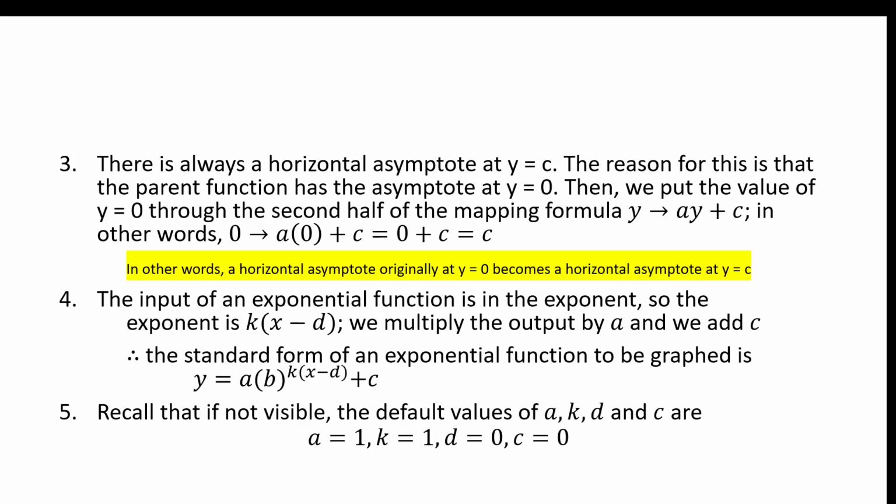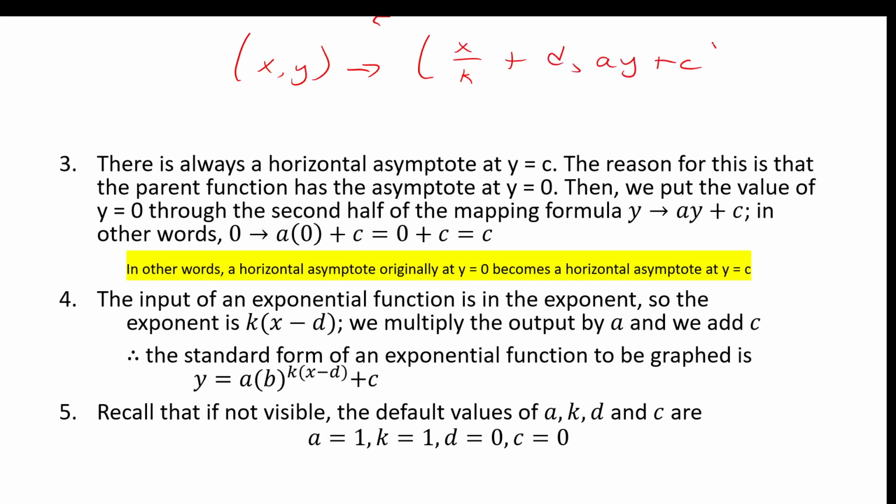Now, there will always be a horizontal asymptote at y equals c. And the reason for that is that the parent function has an asymptote at y equals 0. What we're then going to do is put the value of y equals 0 through the second half of the mapping formula. We remember the mapping formula from previous units, and the mapping formula always says that x, y will map onto x over k plus d, and ay plus c.